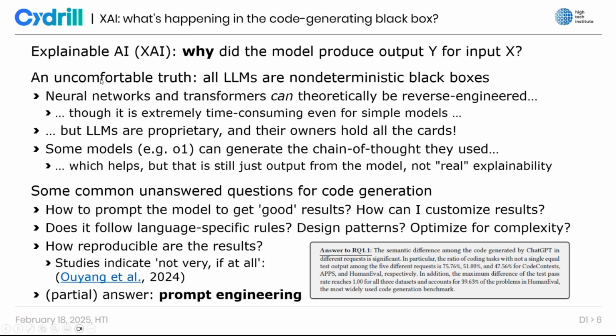So reverse engineering the answers is theoretically possible, but it's extremely complicated and expensive. But even then, the other problem is that these models are proprietary. We don't actually see inside of them. They're operated by private companies and they don't reveal them to the public because, well, they spent a lot of money training them, so we can't really actually see what's inside.